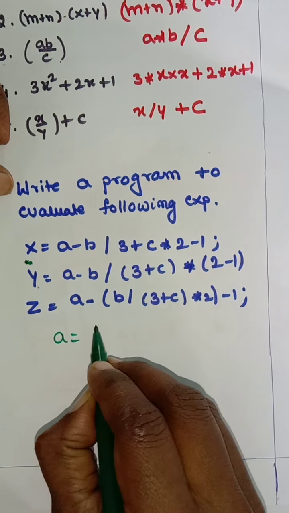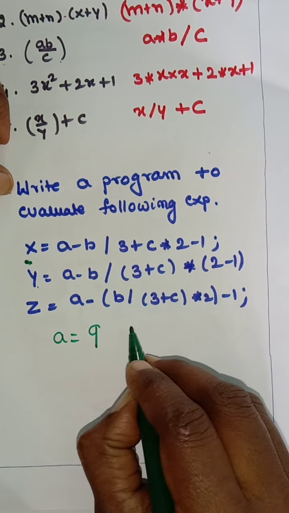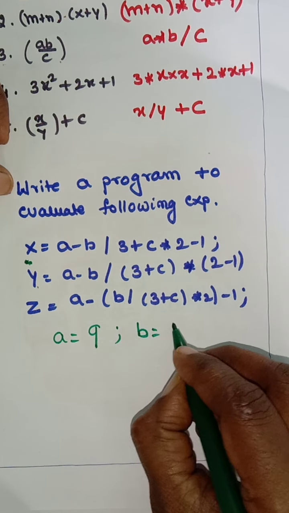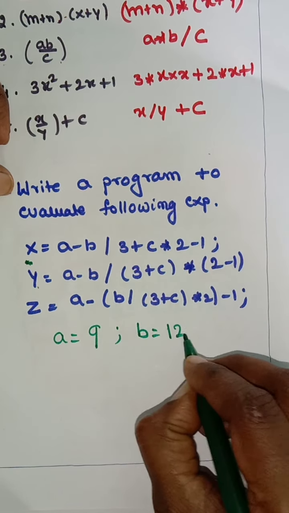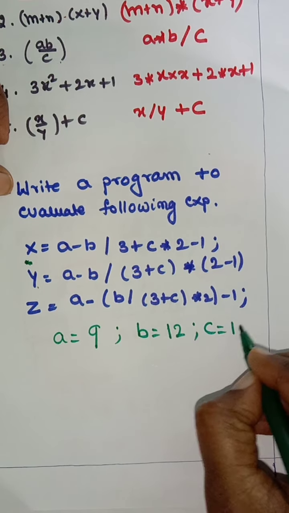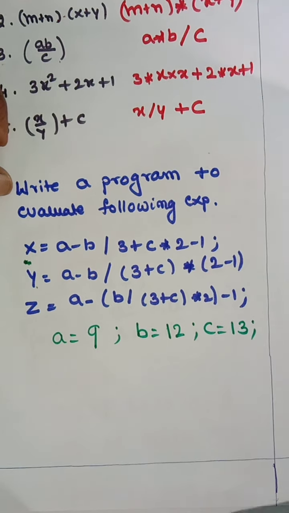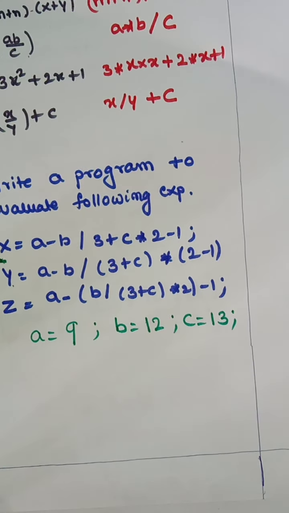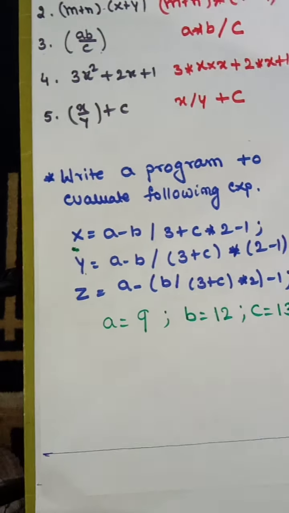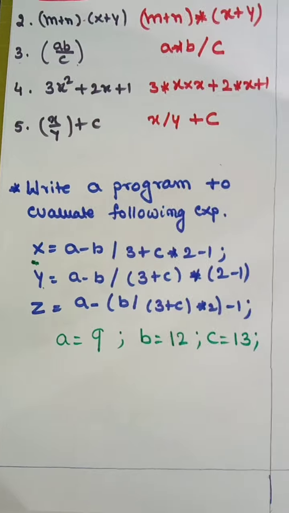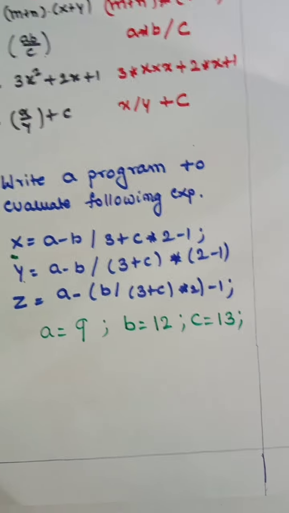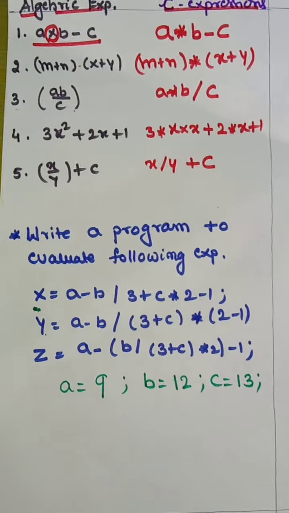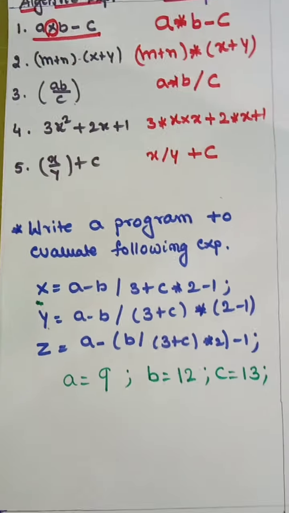A is equal to 9, B is equal to 12, C is equal to 13. We will take these values, and I am going to execute this program using them. But if you want, you can take different values, and then you will get different answers.